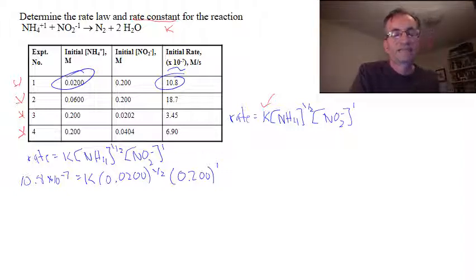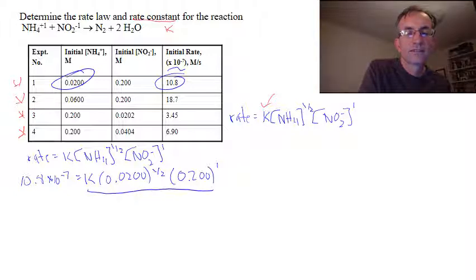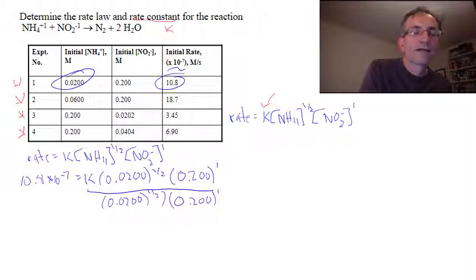All right, so now I got to solve for K. So the way I'm going to do that is just move these guys, the 0.02 and the 0.2, from the right-hand side to the left-hand side. The way you get that done, you divide by them. And if I do that to the right, I got to do it to the left.